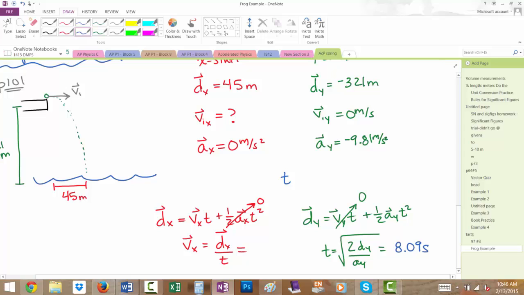So once you have that time, then use the x stuff to solve for Vx. So again, once you have the time, 8.09 seconds, use that and the 45 meters that it travels in the x direction to find the velocity. John, you look like you have a question.